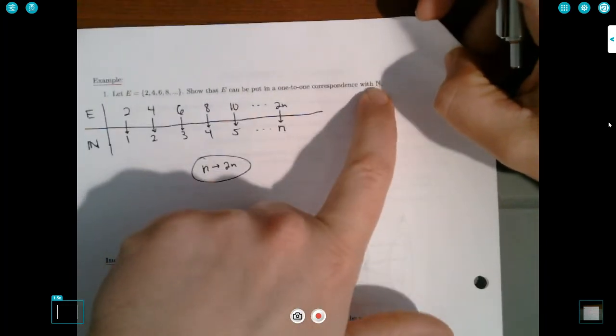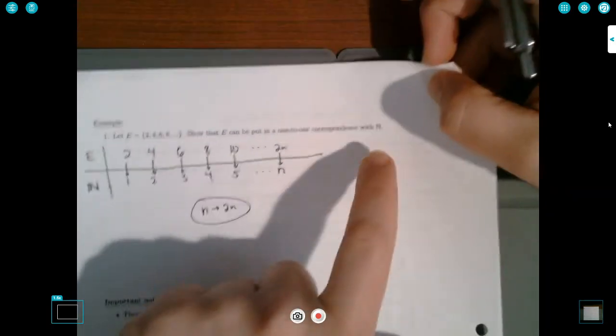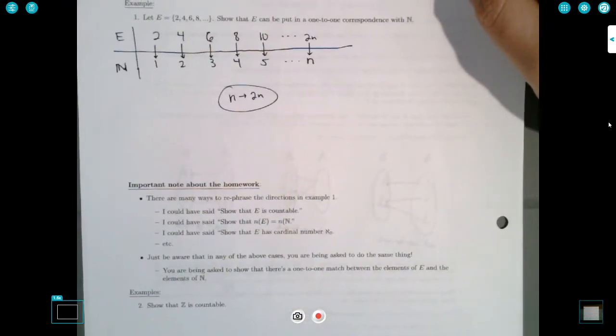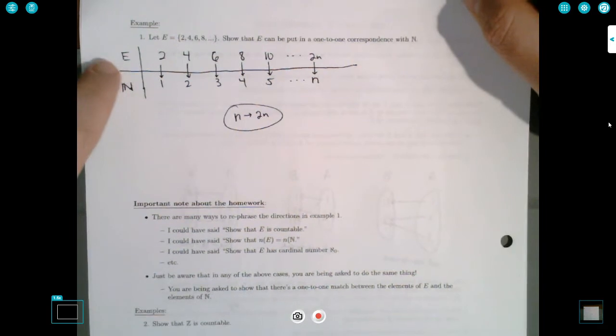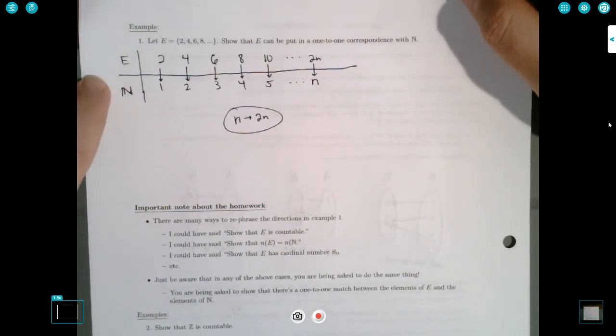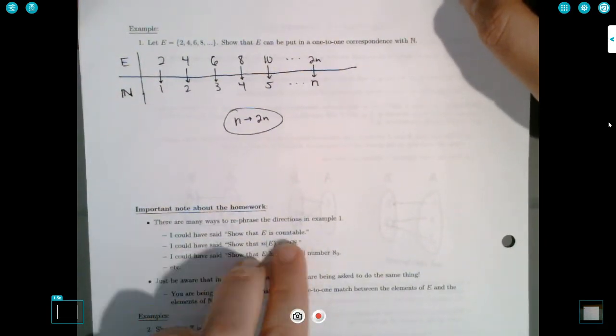Well, what other set has cardinality aleph null? The natural numbers, right? So to show that E is countable is to show that E has the same cardinality as the natural numbers. How do we show that? We show that there's a one-to-one correspondence between E and the natural numbers.